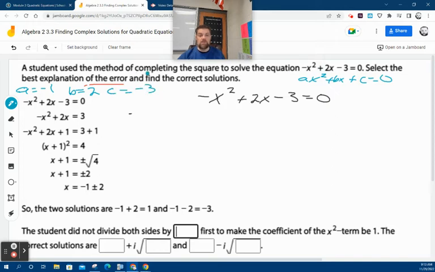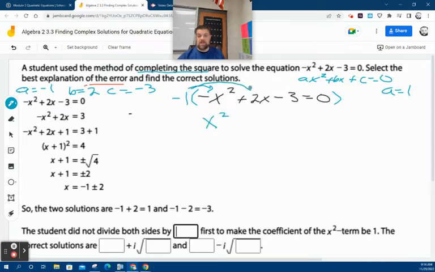Now when we go to complete the square, I need A. A has to equal a positive 1. It has to. So that means in order to make A equal a positive 1, I'm going to multiply everything by negative 1. So negative 1 times negative x squared becomes a positive x squared.